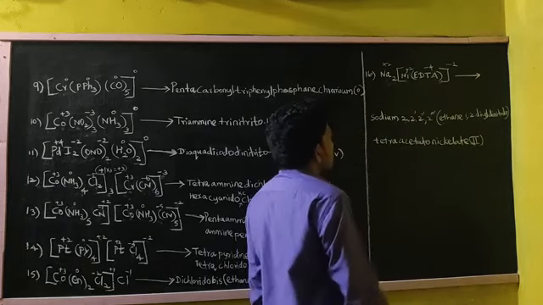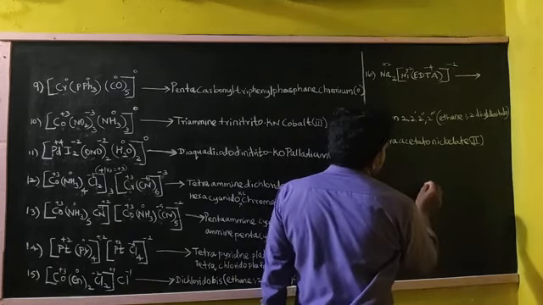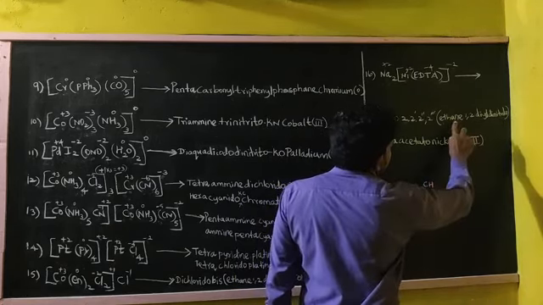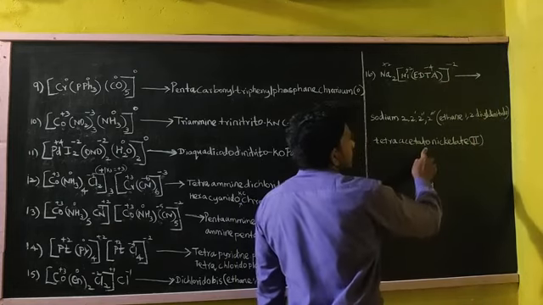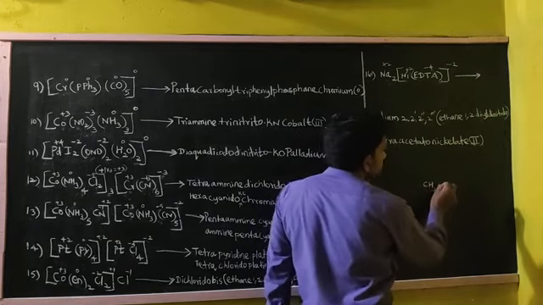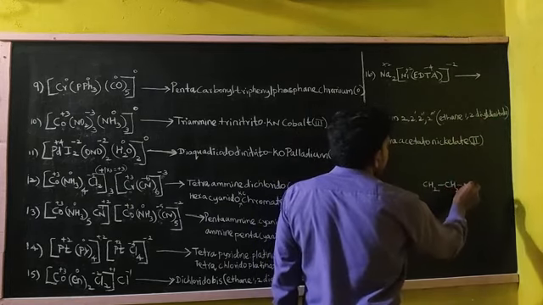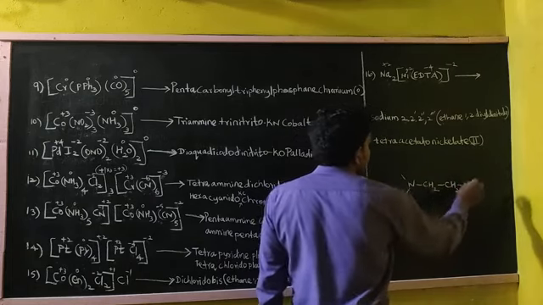So now let me explain this compound. How will be the EDTA? EDTA we can mention it: ethane 1,2 diyl dinitrilo tetraacetate. So how will be the EDTA compound? CH2 bond CH2, left side one N, right side one N, right?